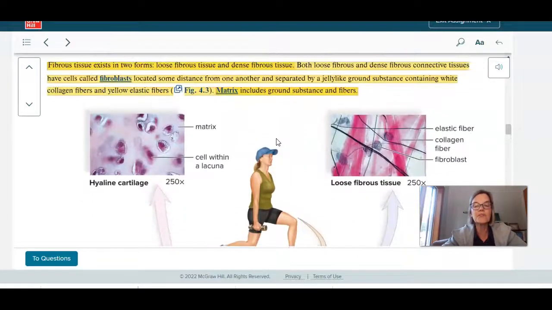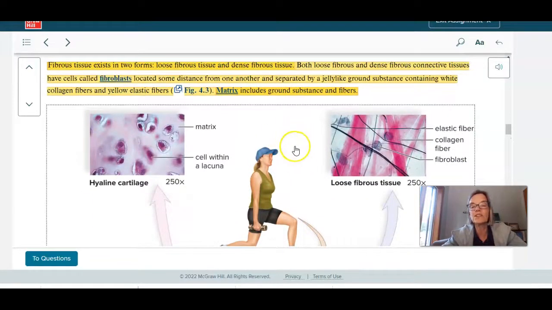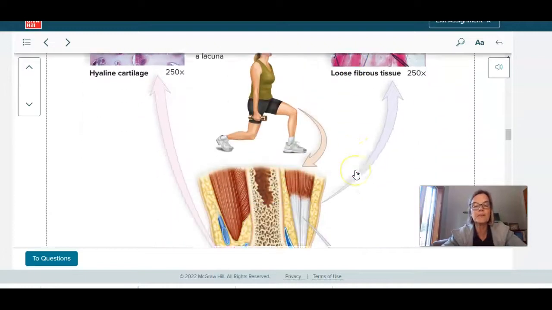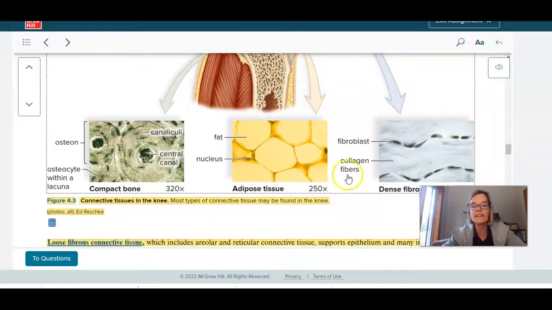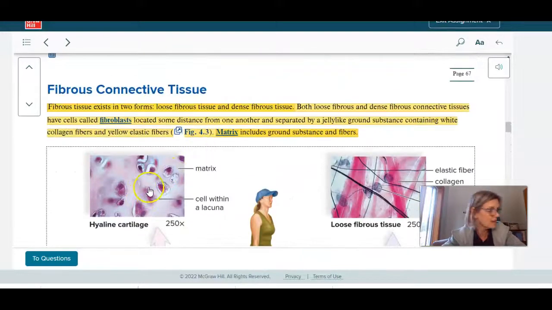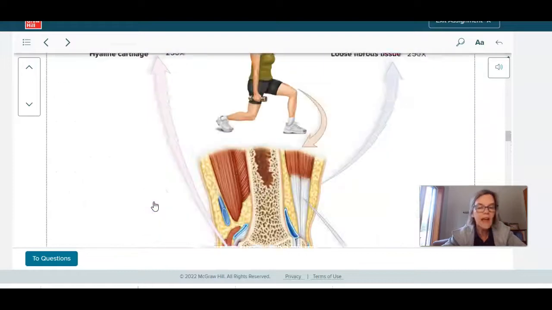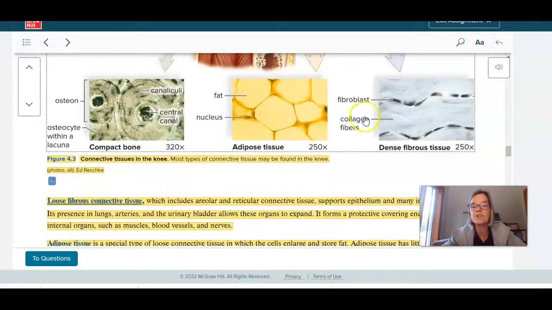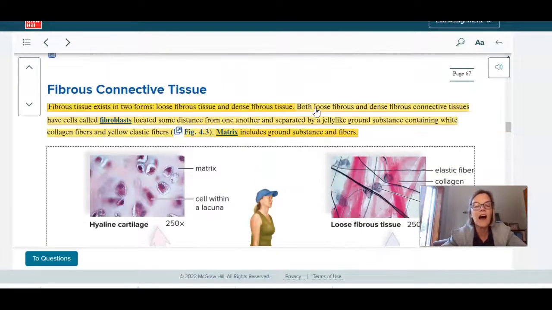And the kinds of fibrous connective tissues, I wanted you to notice, I have loose fibrous connective tissue and dense fibrous. And the other ones, let's see what I have on your handout: loose, dense. I have tendons and ligaments. I'm going to talk a little bit about hyaline cartilage and about bone and adipose. So all these we're going to talk about.